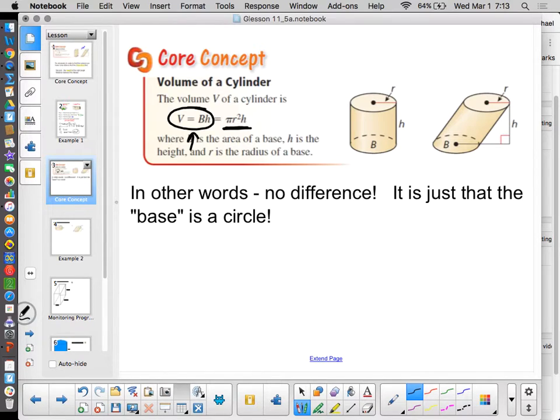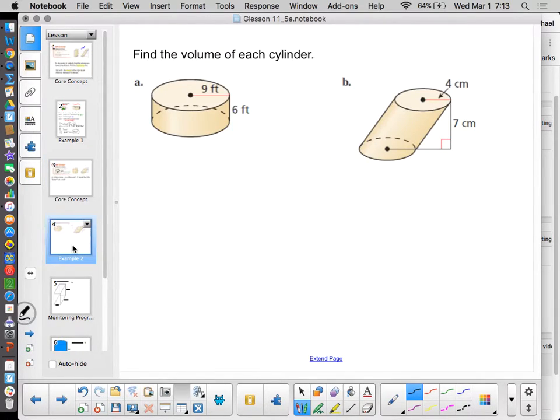So the same steps: we identify our base, find the base area, find the height, and multiply the base area times the height. So let's practice a couple of those. Again, 1, the base is a circle. Step 2, the area is pi r squared for a circle.